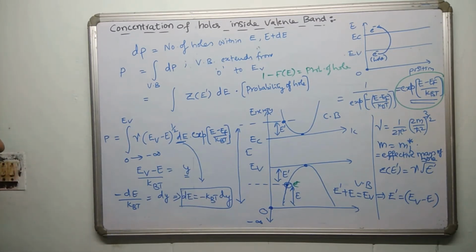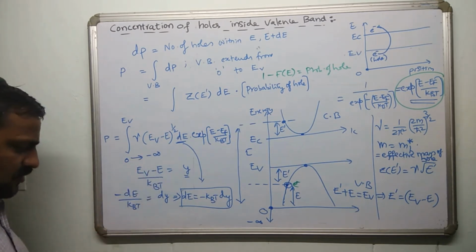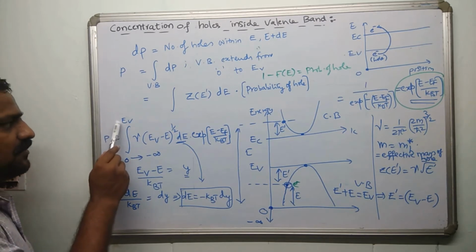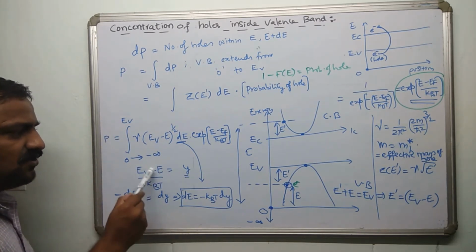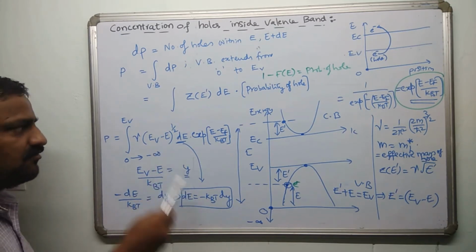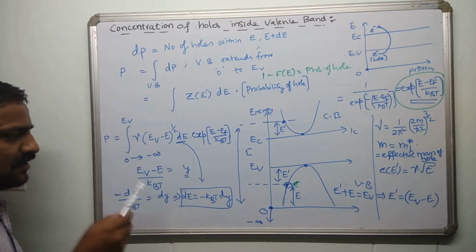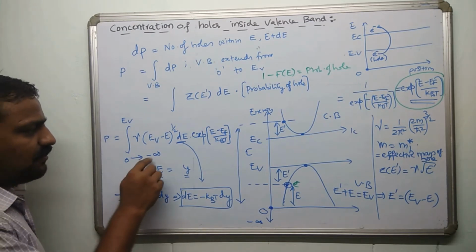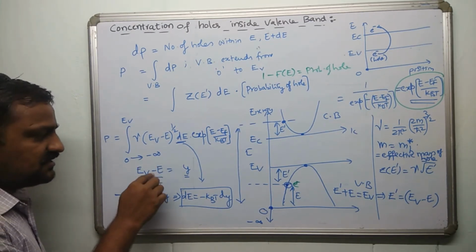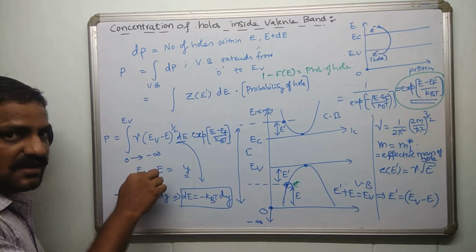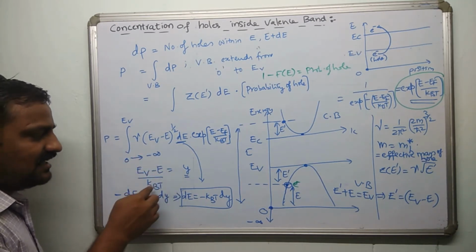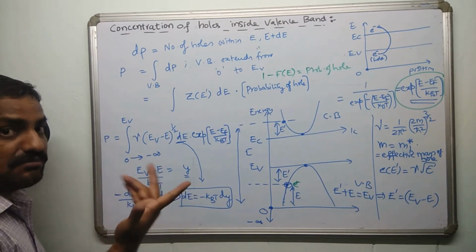That is the first substitution. And second, I am going to change the upper and lower limits because I am changing the variables. When you put the upper limit EV in place of E, EV minus EV is 0, so y becomes 0. So the upper limit for y is going to be 0. In the lower limit case, when I substitute minus infinity for E, minus into minus becomes plus, so this is infinity divided by kBT, which is once again plus infinity.